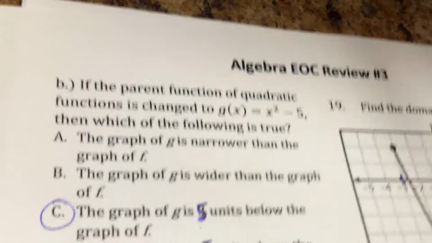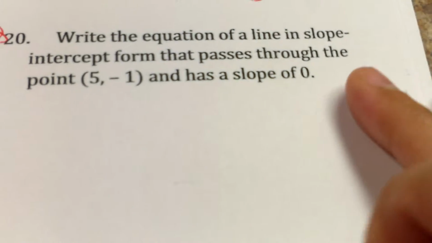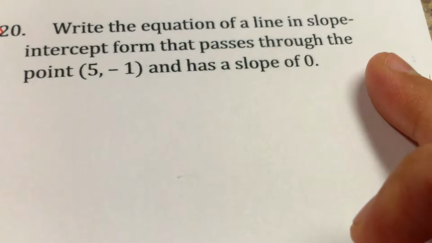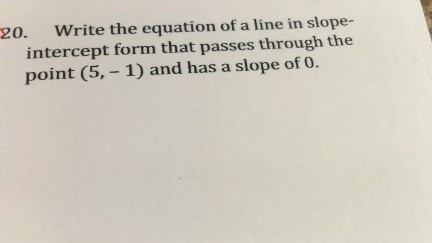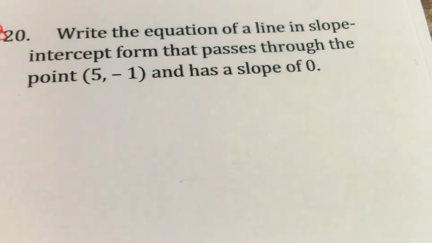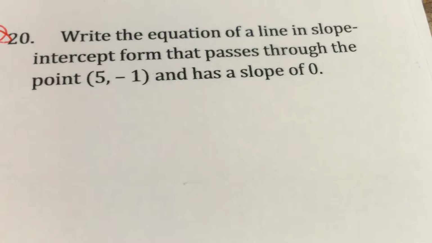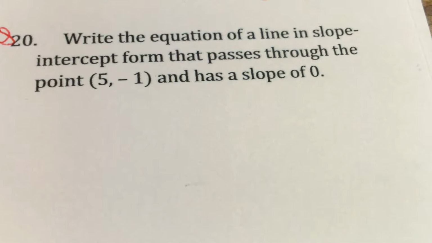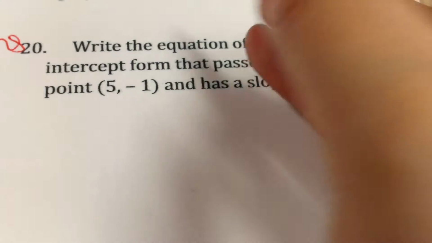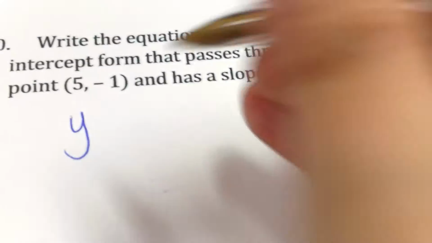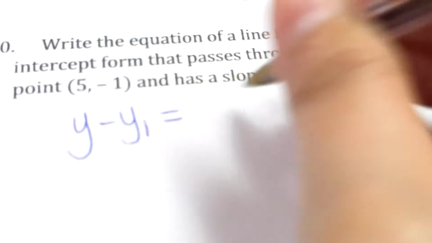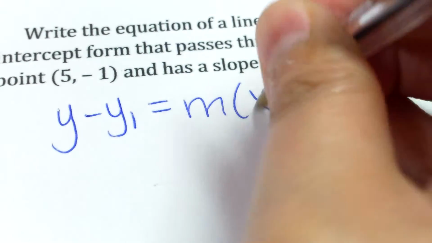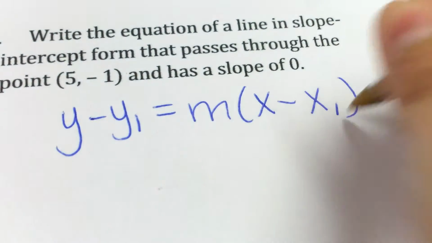Okay, let's go ahead and do one more because this one's a little bit unique. Okay, number 20. Write an equation of a line in slope-intercept form that passes through the point 5, -1 and has a slope of 0. A slope of 0. And there's my point. So let's go ahead and use the same thing. Point slope. y minus y1 equals m times x minus x1.